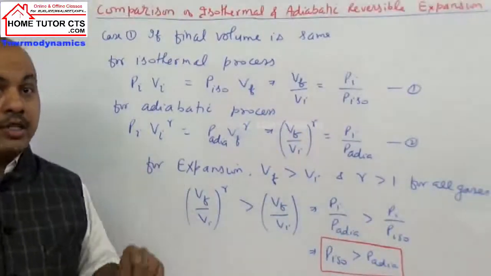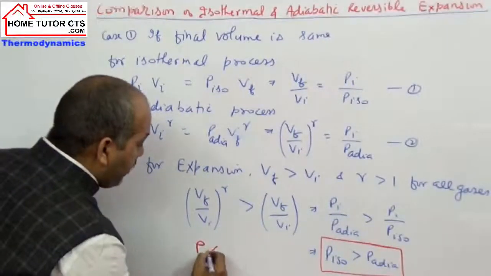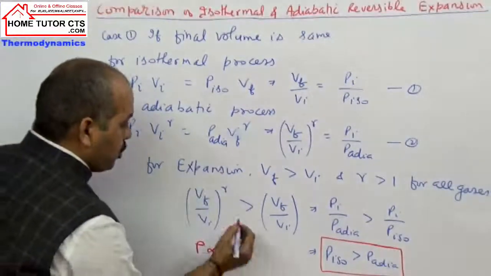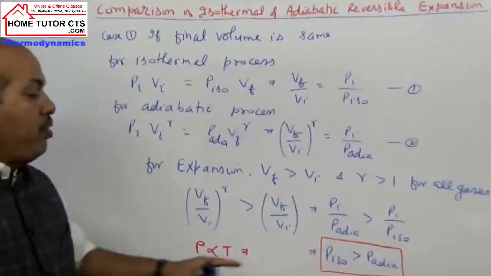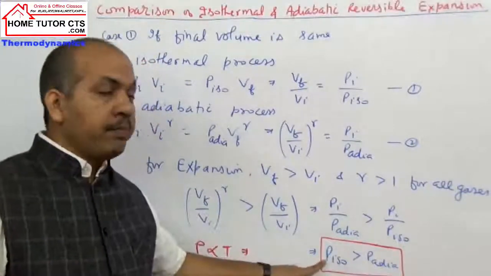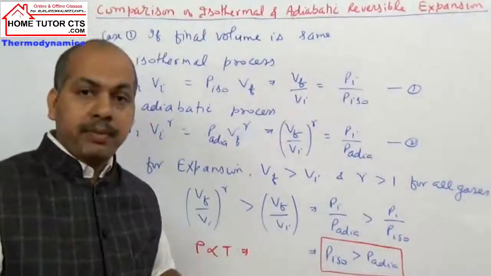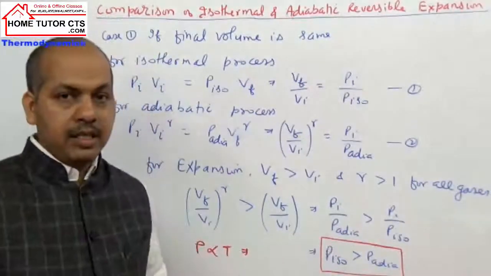There is fall in temperature, and since pressure is directly proportional to temperature, the final pressure will be lower in adiabatic expansion as compared to isothermal expansion. Final pressure is lower in this case than this case.